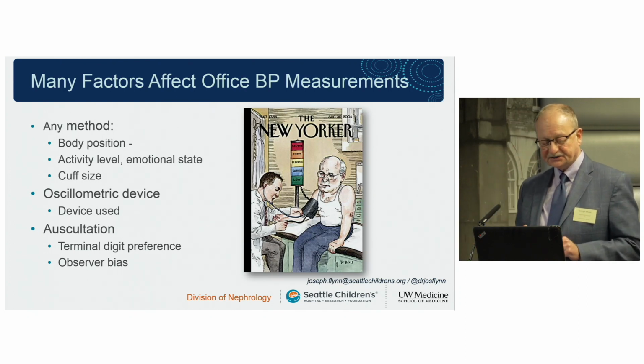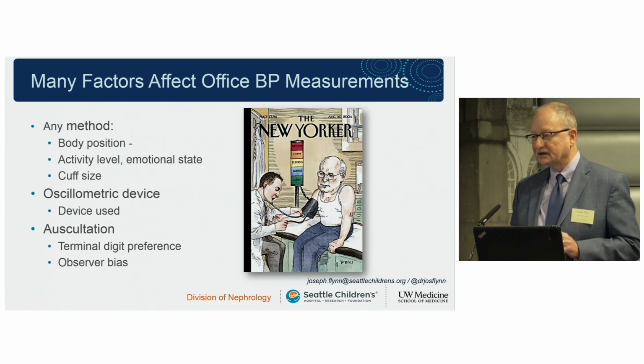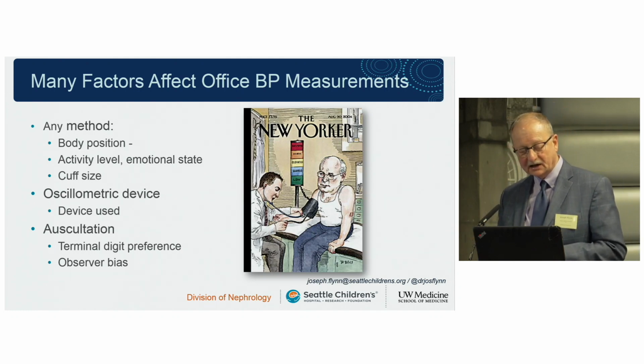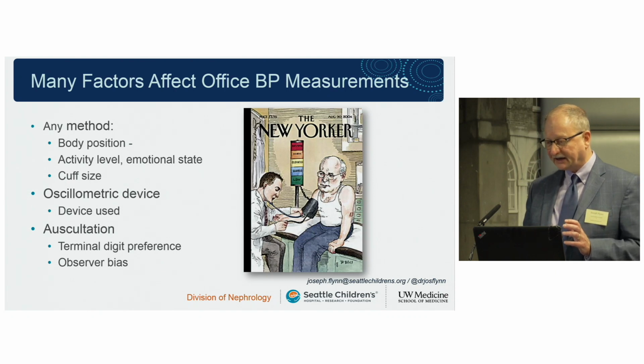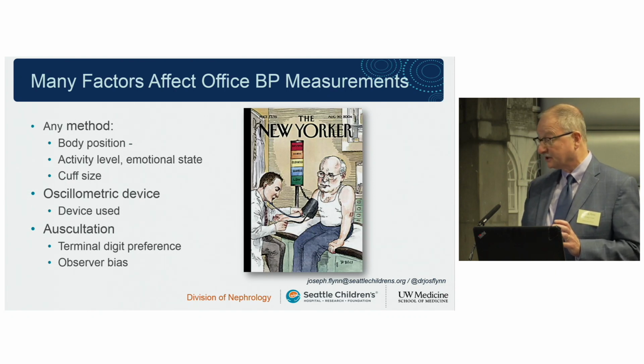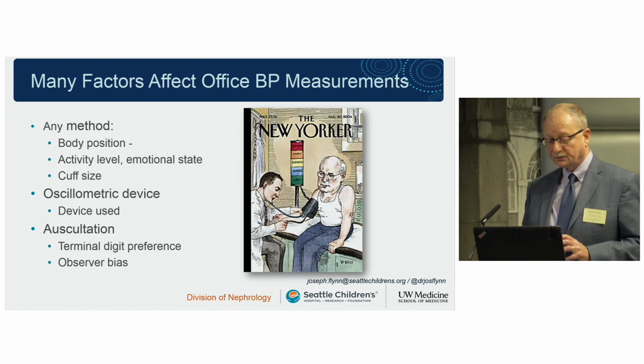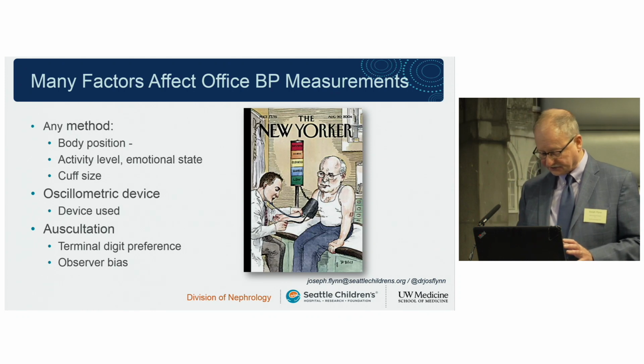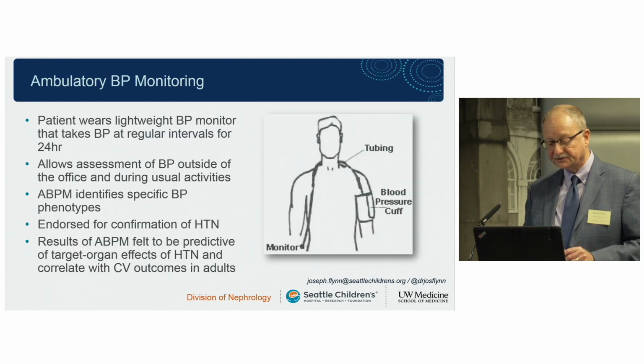Cuff size, what device, oscillometric versus auscultatory. If you're listening to the blood pressure, do you have observer bias? I want the patient's blood pressure to be lower, or terminal digit preference. So we know that office blood pressure measurements have some inherent problems.